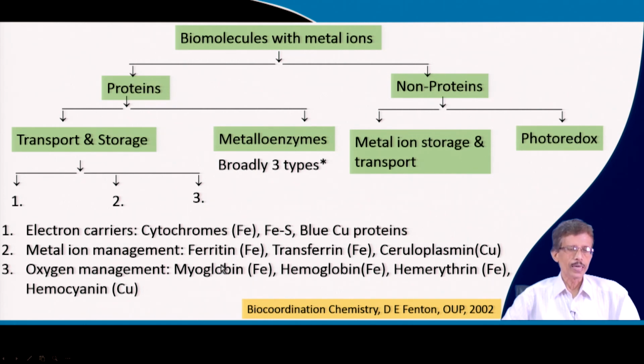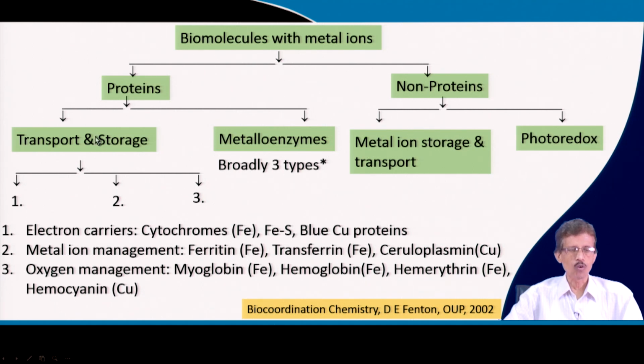So, if I ask you to define myoglobin and hemoglobin in the language of your biological inorganic chemistry class, what are we learning from here? How can you define myoglobin and hemoglobin? Myoglobin is a molecule involved in oxygen management.